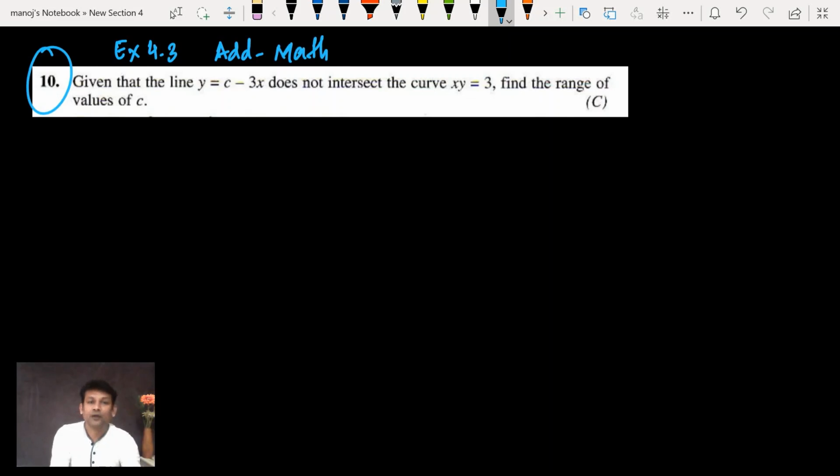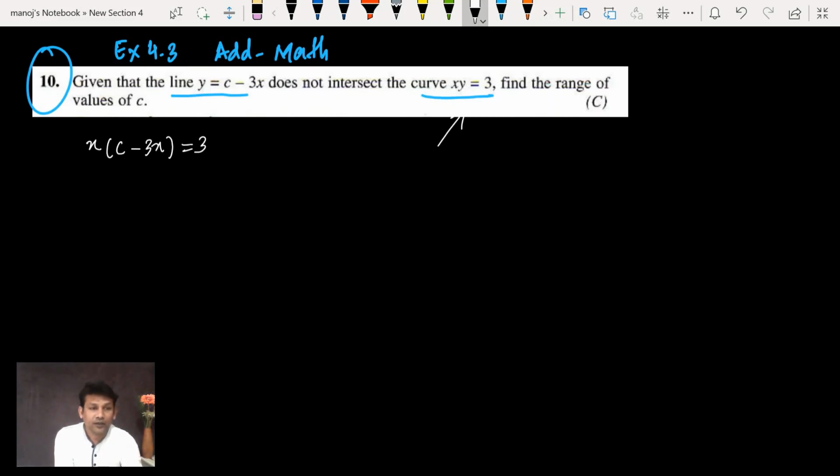Given that this line does not intersect the curve, again we have a quadratic curve, it can be a quadratic, it cannot be a reciprocal curve, whatever, but we have a line and a curve. When we substitute this value of y, c minus 3x, into this equation, x times (c minus 3x) is equal to 3.